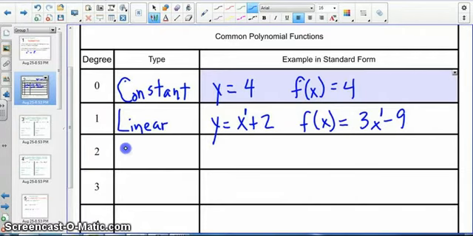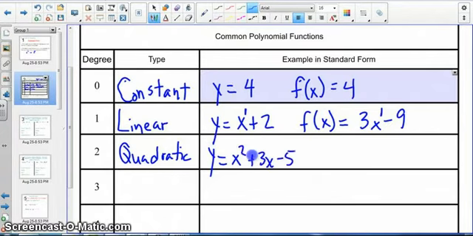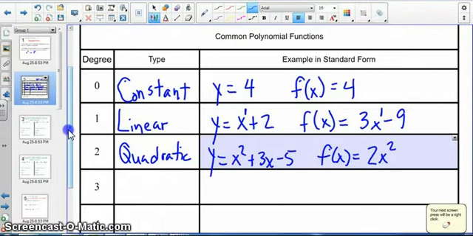If your highest exponent is a 2, this is called a quadratic. So example of those could be y equals x squared plus 3x minus 5, or f of x equals 2x squared. Your highest exponent is a 2.